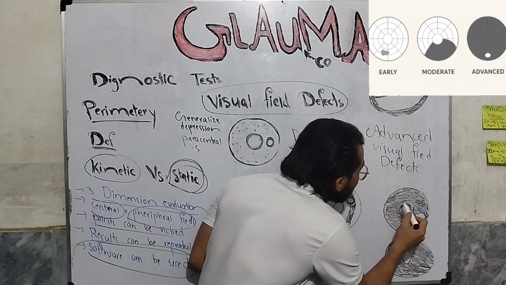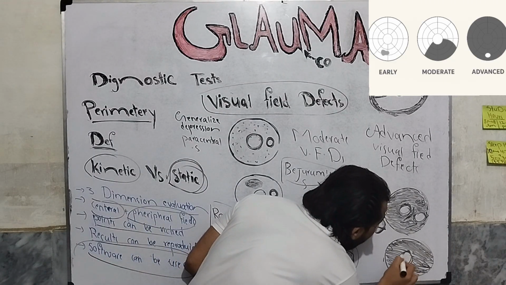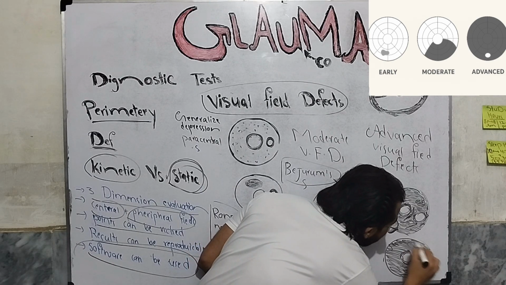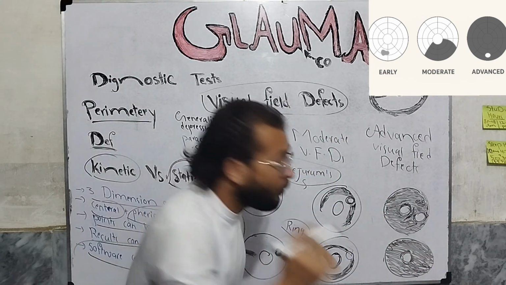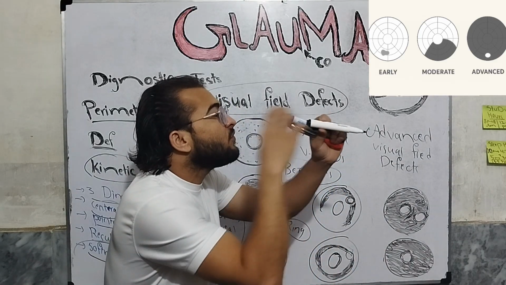This advanced visual field defect can extend so that only the central field of vision remains. All the retinal ganglion cells have been damaged, and we have only a small central tubular field of vision.